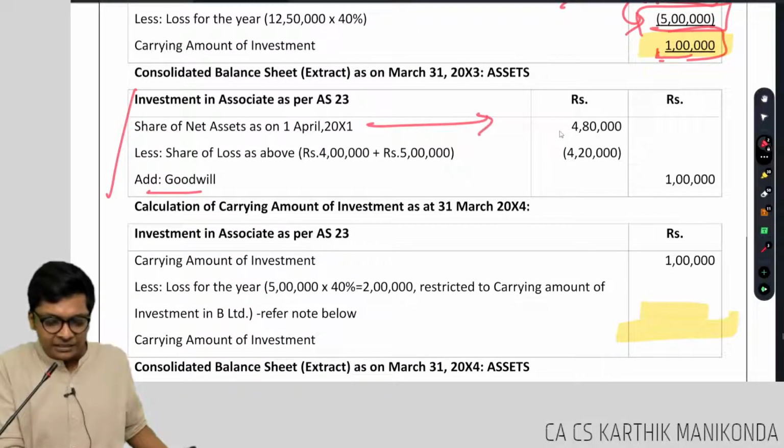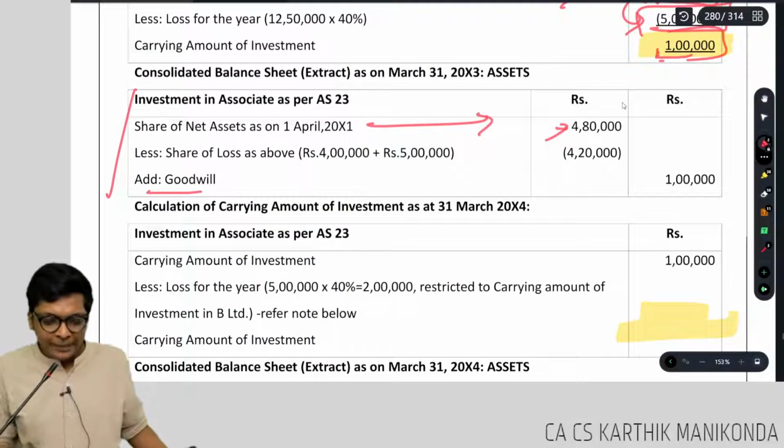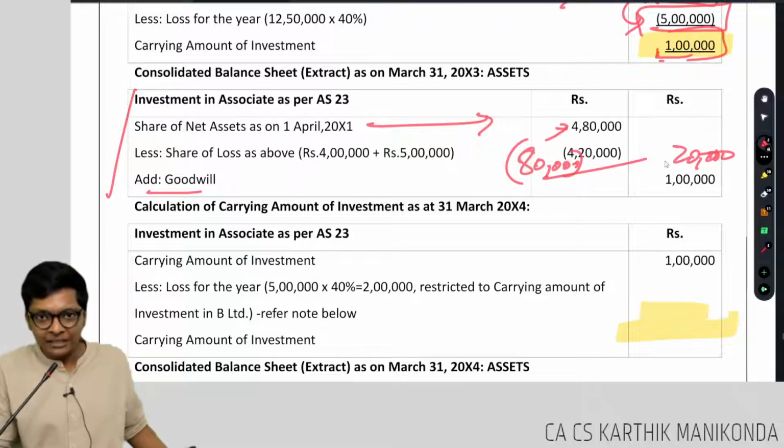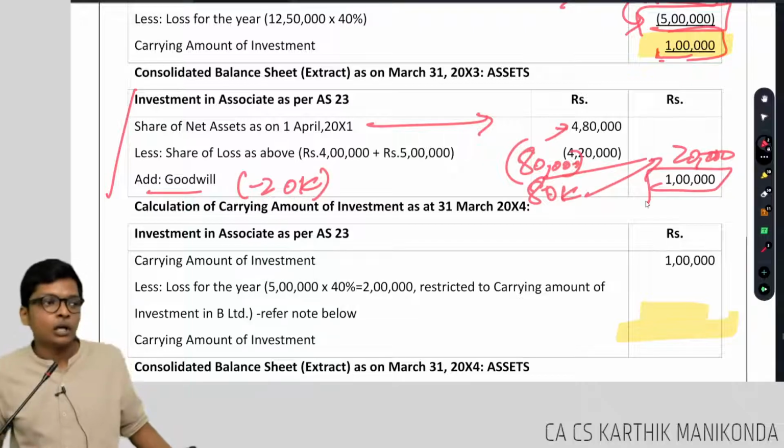Share of net assets 4 lakh 80 was there. Already we wrote off 4 lakhs. So remaining 80,000 will reduce. Now it will become 20,000, and the other 20 will be reduced from goodwill. 80 plus 20, we have 1 lakh. Are you following, guys?